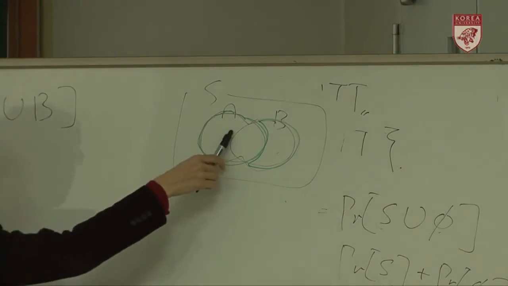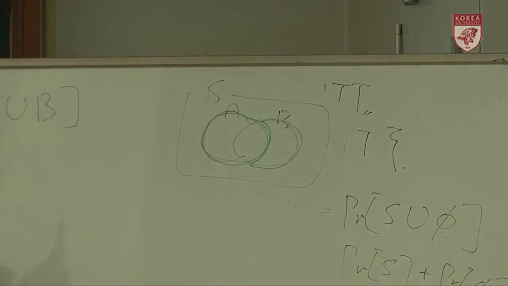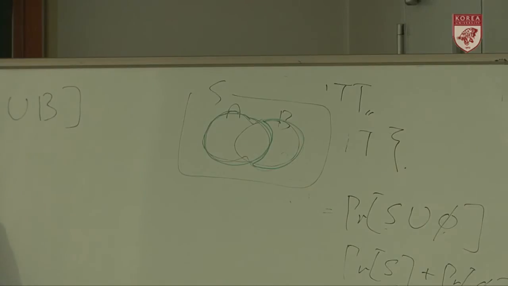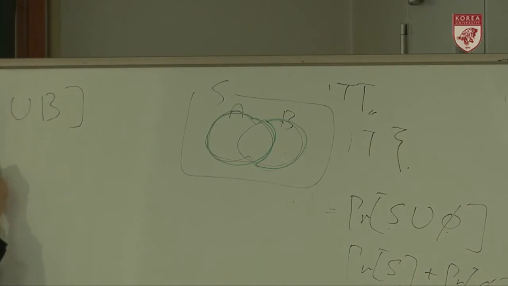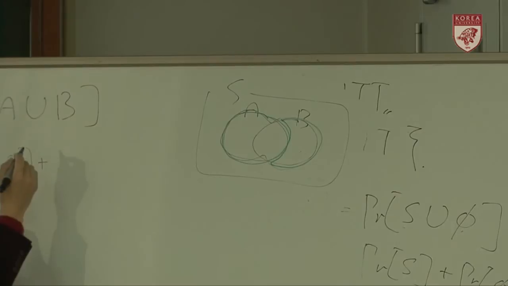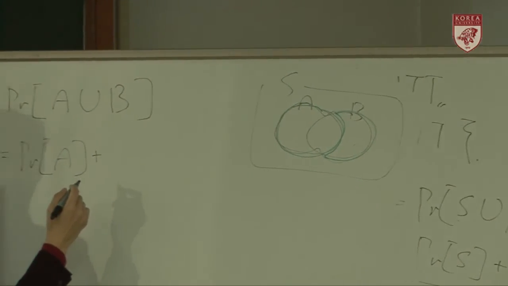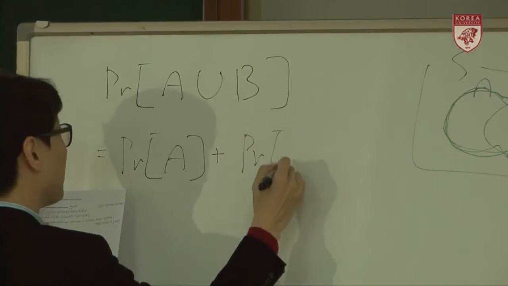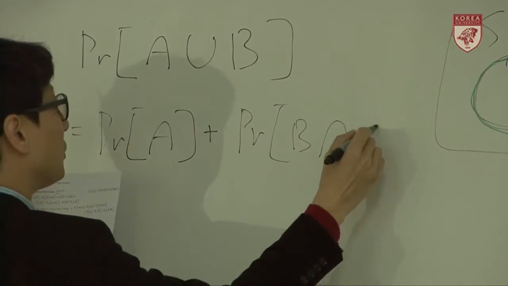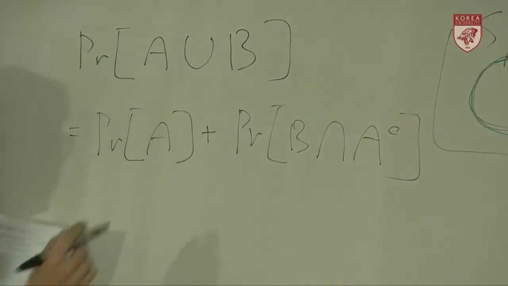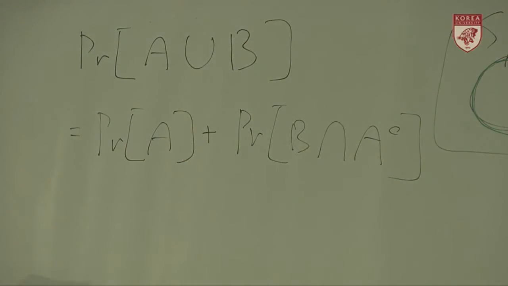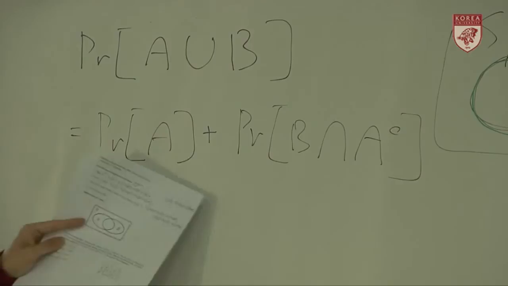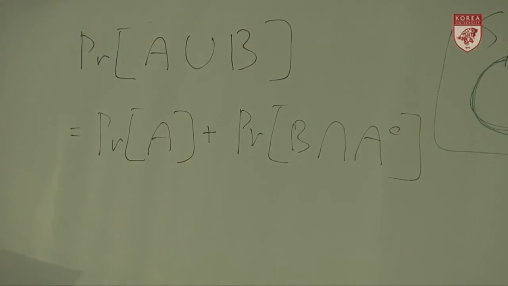Definitely A and this part are disjoint sets because there is no overlap between these two. So we can say this is the probability of A plus the probability that B intersects with A complement. Am I right? Okay. Up to this point is right.